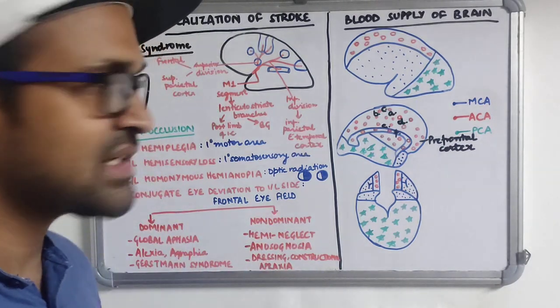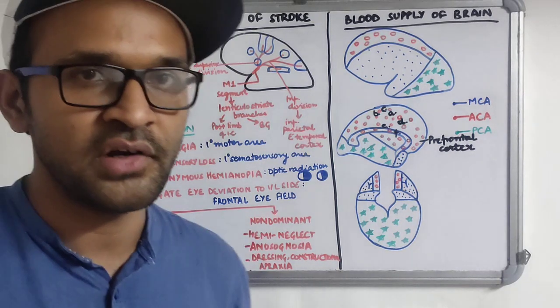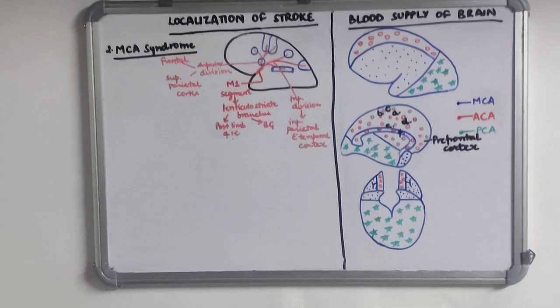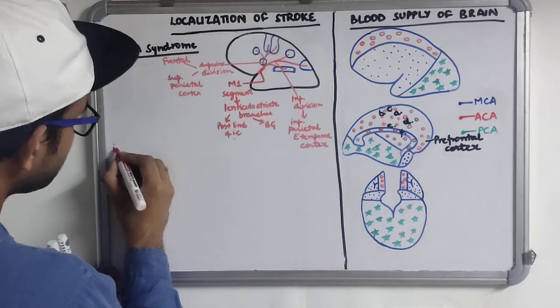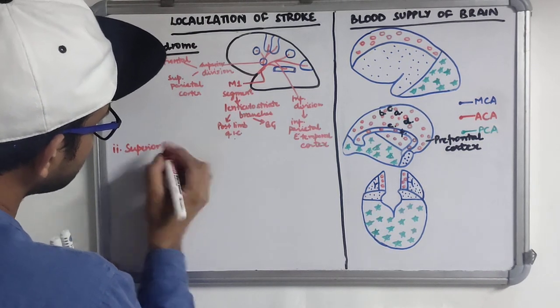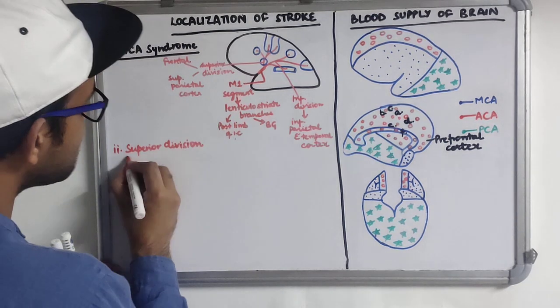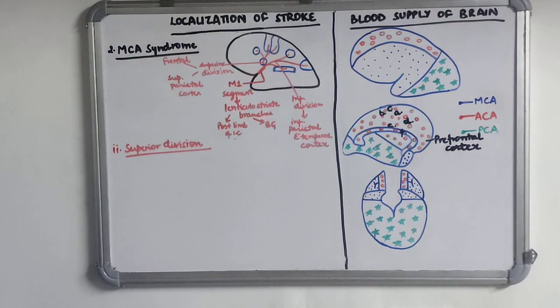So now we'll discuss what will happen if there is involvement of the superior or inferior division. So if there is an occlusion of the superior division, as I have told you, the superior division primarily supplies the frontal and superior parietal cortex.